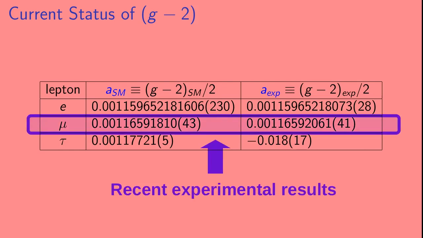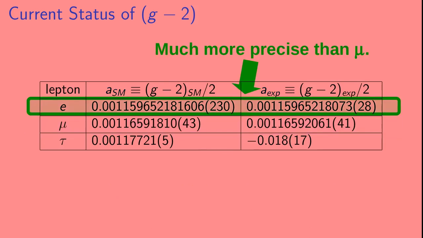Okay, so in the middle row, we have the result that made recent headlines. This is A mu, the result for the muon. The difference between the measured result and the Standard Model prediction stands at 4.2 sigma. In the top line, we have A e, the result for the electron. Both its measured value and its value predicted in the Standard Model are much more precisely known than those of the muon.